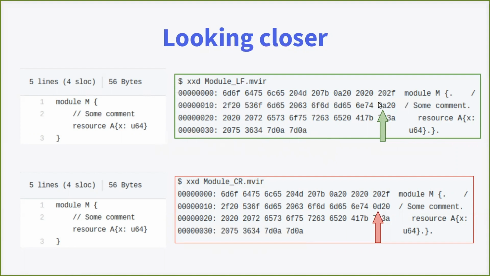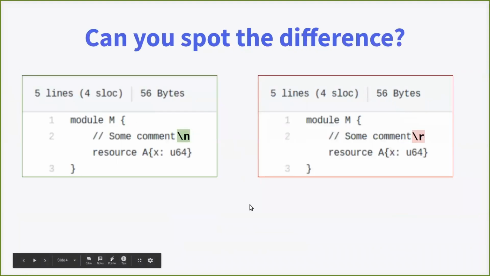This 0A represents the line break between the inline comment and the resource declaration, and this 0D also represents a line break, but a different type of line break between this inline comment and this resource declaration. This 0A and 0D, you can actually know them as \n and \r, or for instance, as LF and CR, okay?